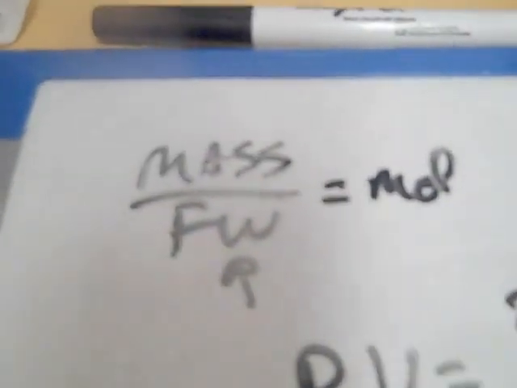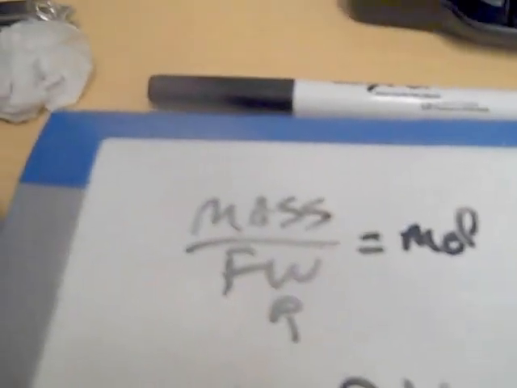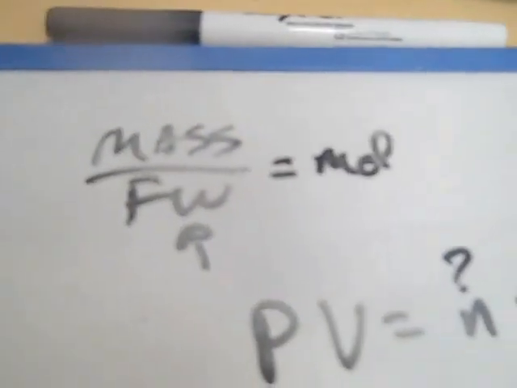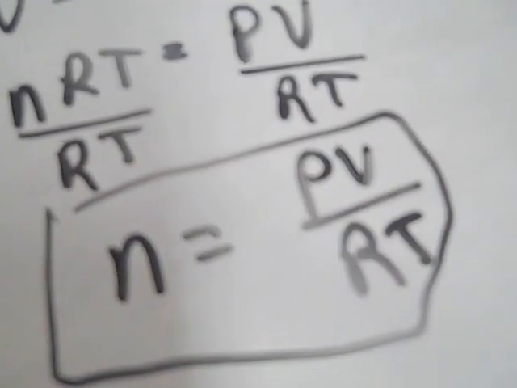Once we determine the number of moles, we can use this to determine the formula weight. So let's determine the number of moles available. What you do here is put in the value for the pressure, the volume, and then the temperature.